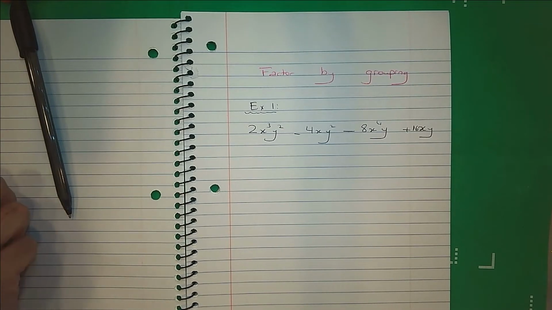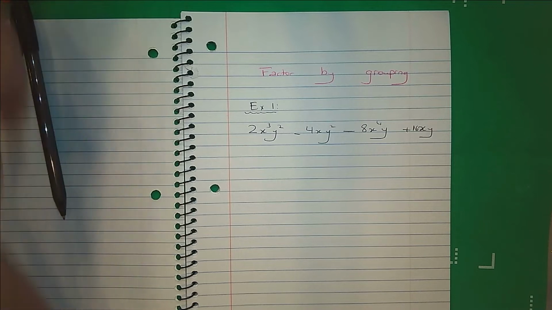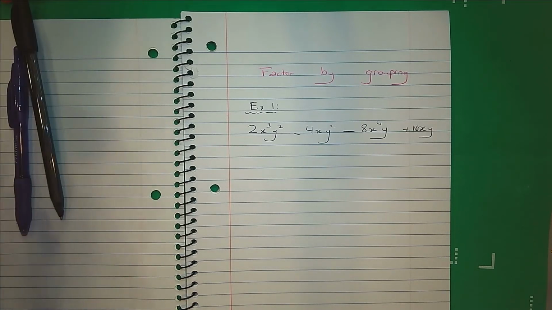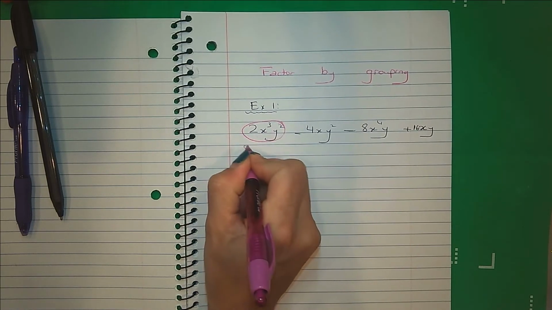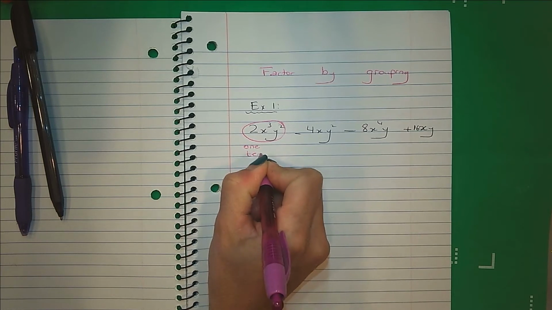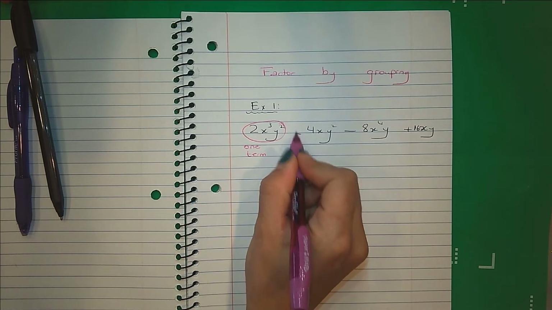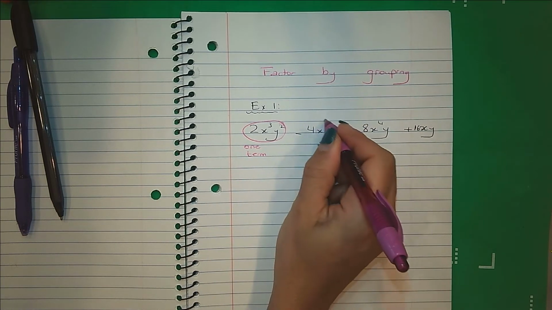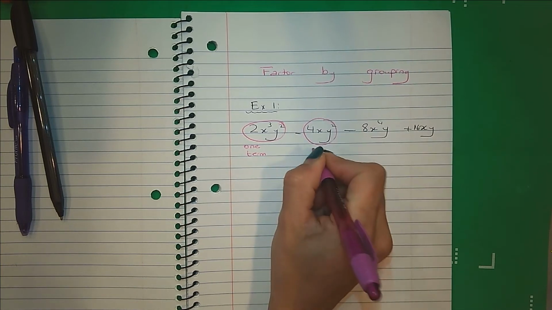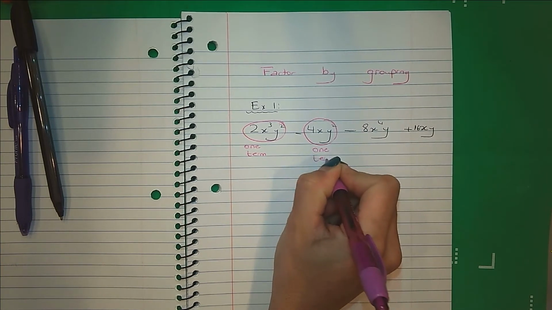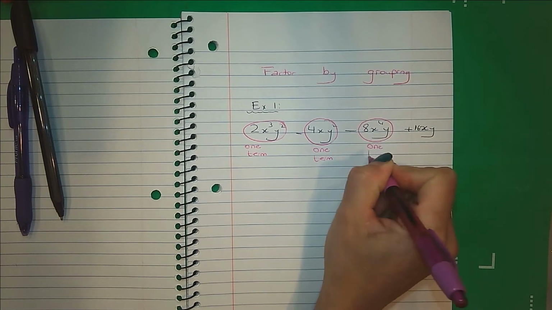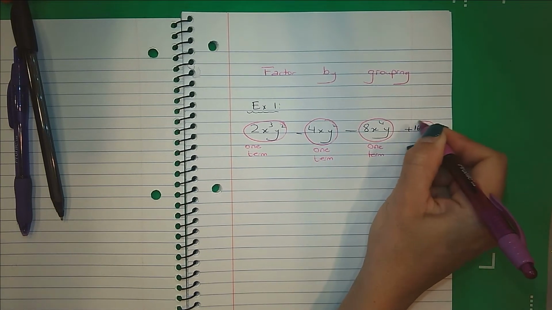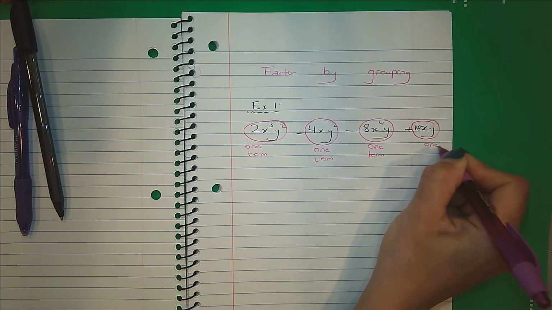How many terms do I have? You should know that we have 4 terms. That's considered one term, and they are separated by that mathematical operation right here, which is the minus. That's one term, and that's another term.